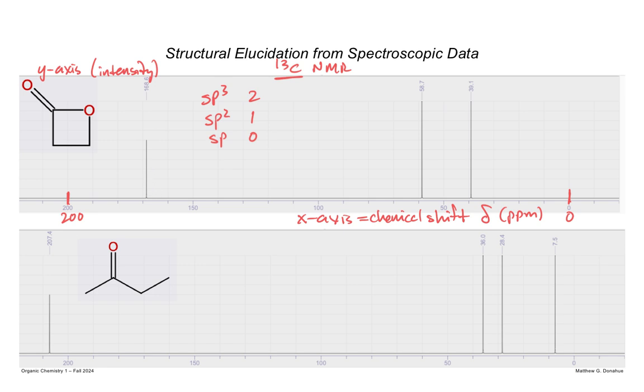And then the two on the right at 58 and 39 are sp3. Does that make sense? If they're both sp3, they should be closer to each other, right? Then you have one that's very different. There's no attached hydrogens. So it's off somewhere else in the region of the chemical shifts.